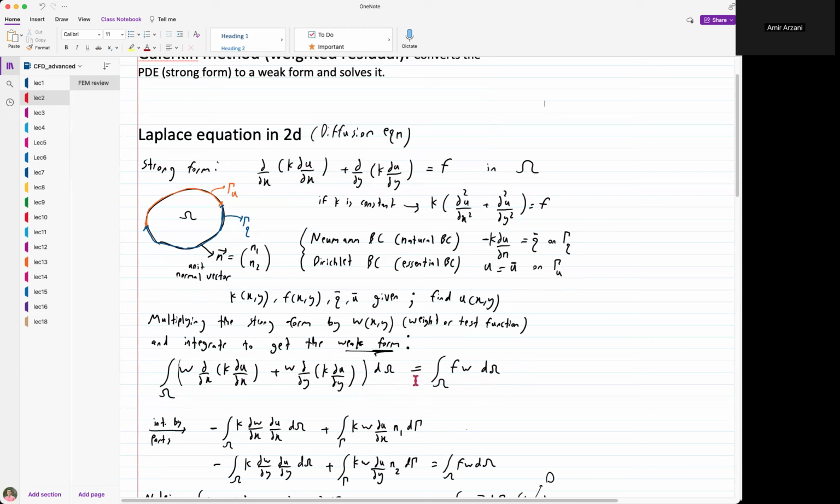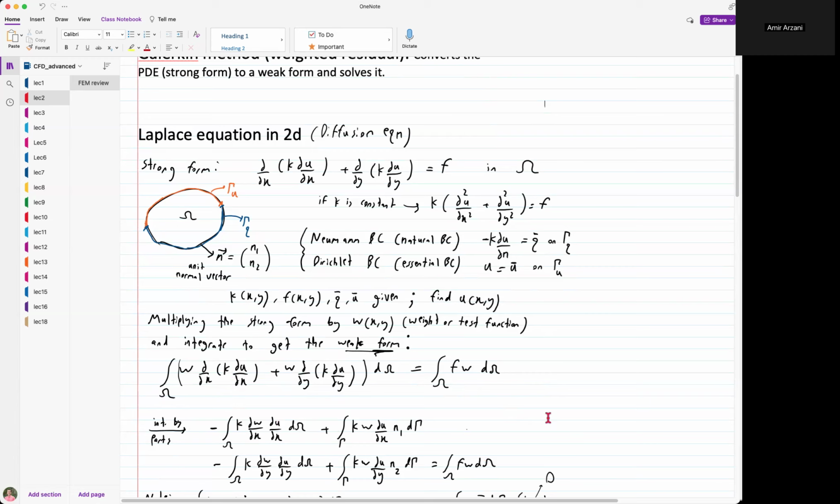Now that I've converted from a PDE form into an integral equation form, I can use the concept of integration by parts, which I talked about in the last lecture. The goal is to reduce the order of derivatives in my equation. Here I'm dealing with the Laplacian operator, so I have second derivatives.